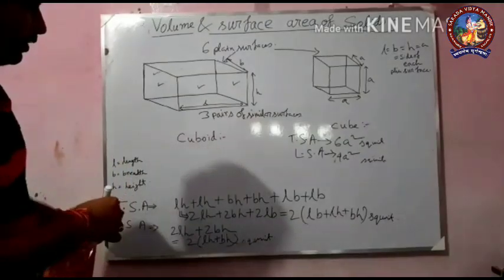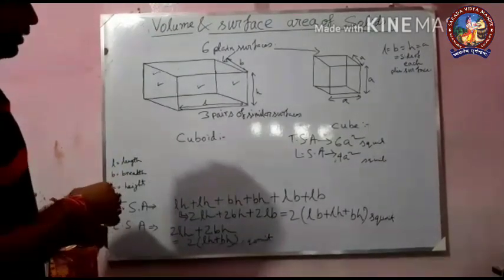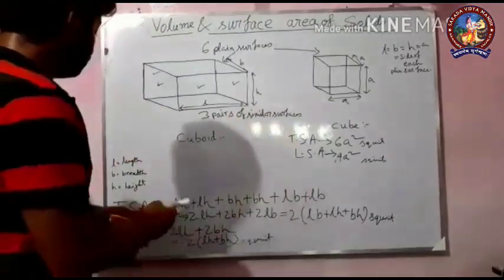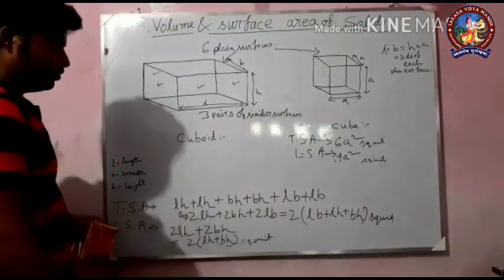There is another way to calculate the total surface area of a cube from the formula of the total surface area of a cuboid.